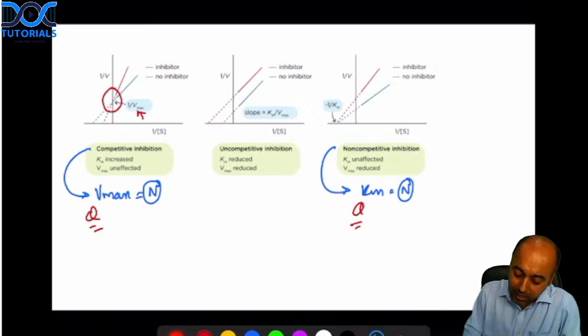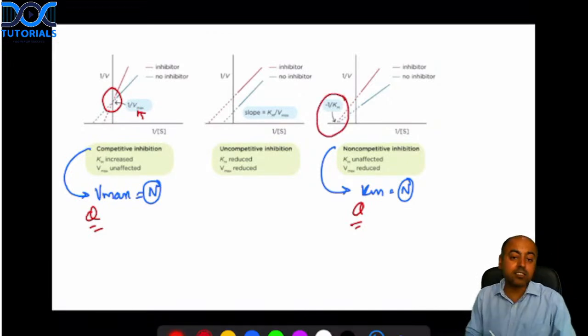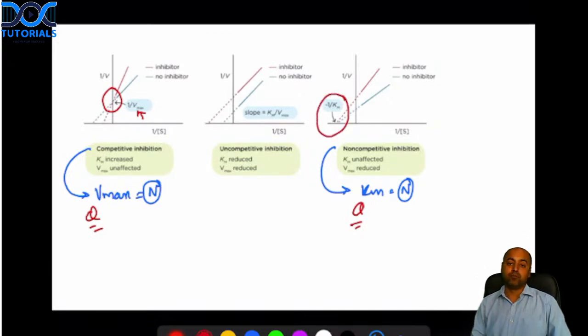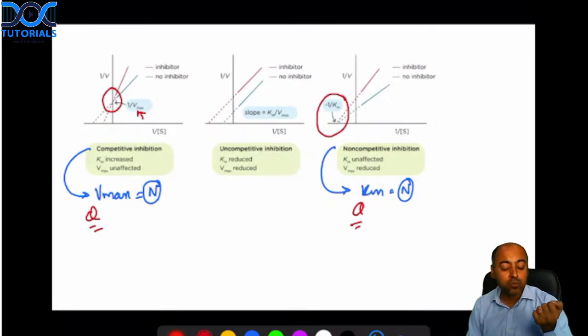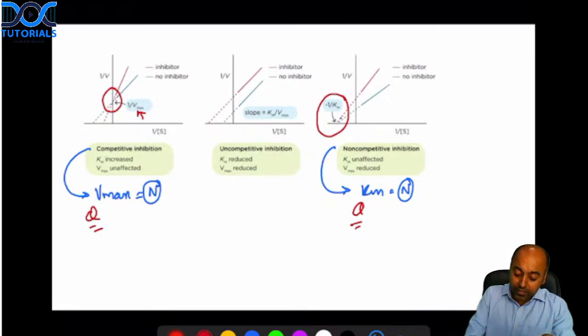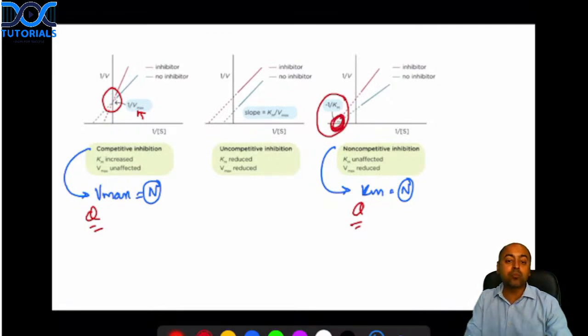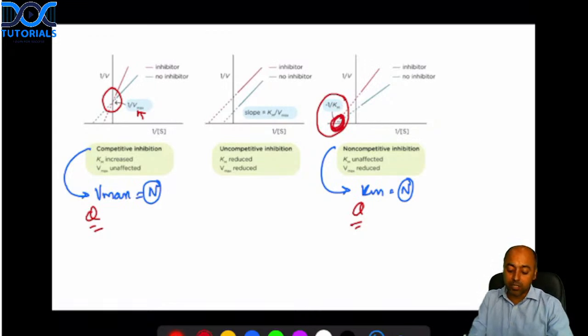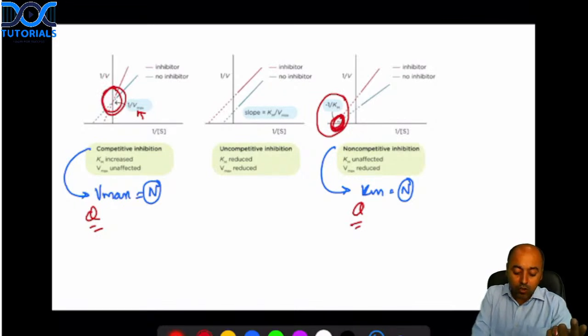Where the graph crosses the x-axis, this is minus 1 by Km. So if the Vmax is same, 1 by Vmax will also be same. If the Km is same, minus 1 by Km will also be the same. If minus 1 by Km is same, Km is same in non-competitive. If 1 by Vmax is same, then Vmax is also same in competitive inhibition.